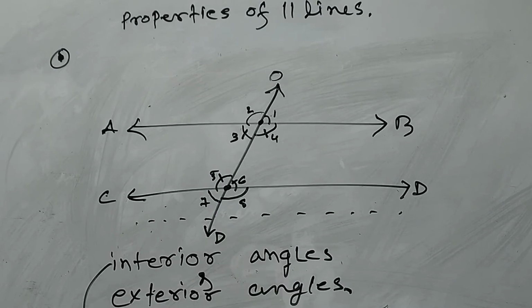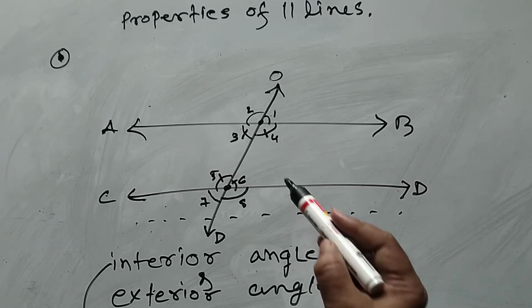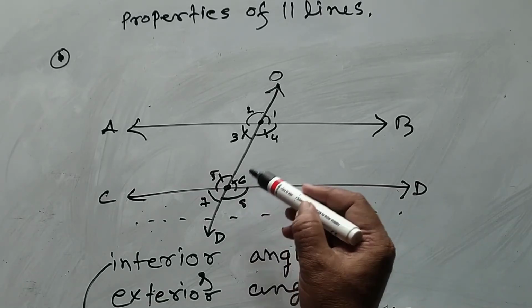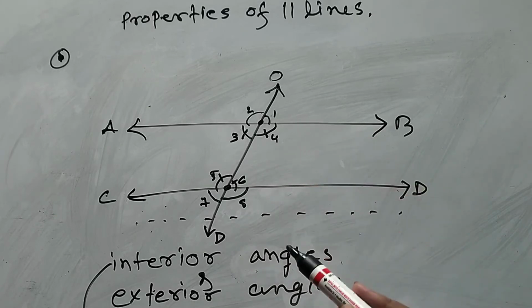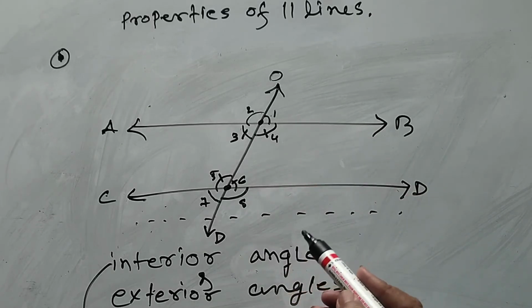Similarly, the angles formed outside the parallel lines are called exterior angles.